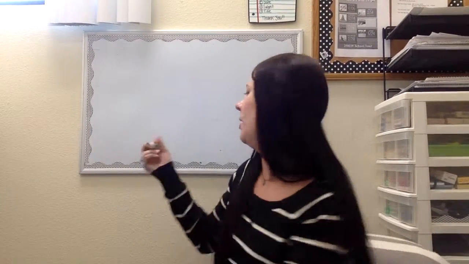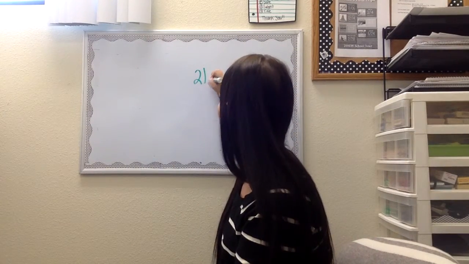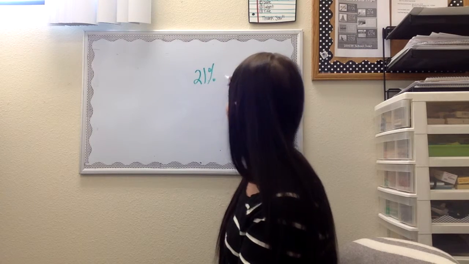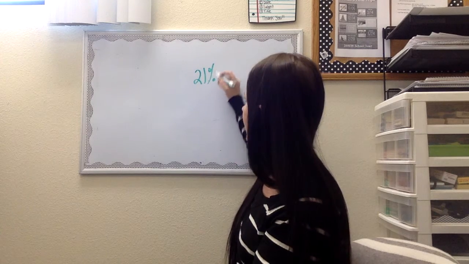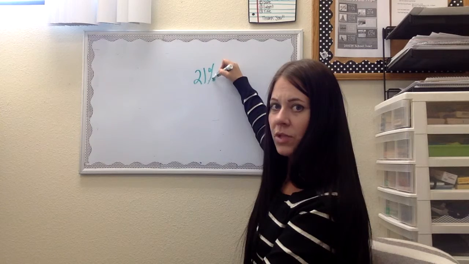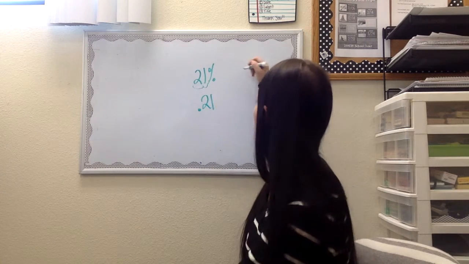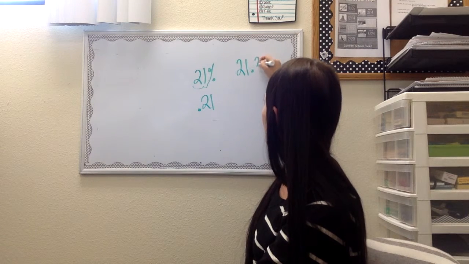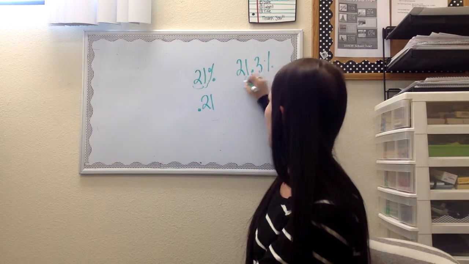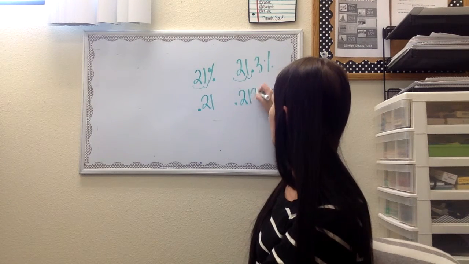The one thing I do want to say is even with percents, let's remember, if I had a 21%, I think of it as these are two dots, so move your decimal back 2, that's really 0.21. So if I had 21.3%, move this back 2, and that's 0.213.